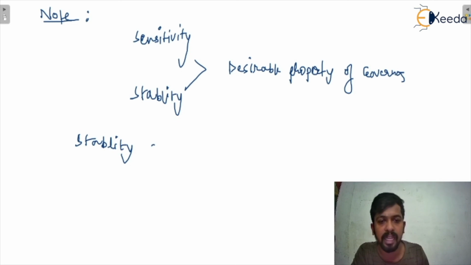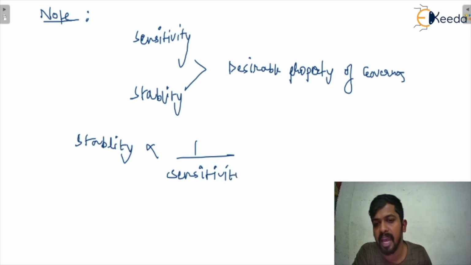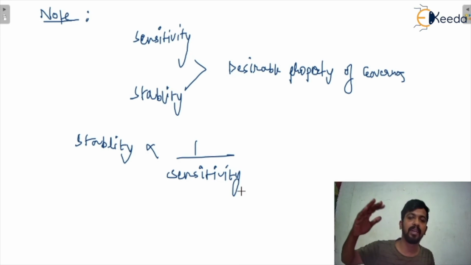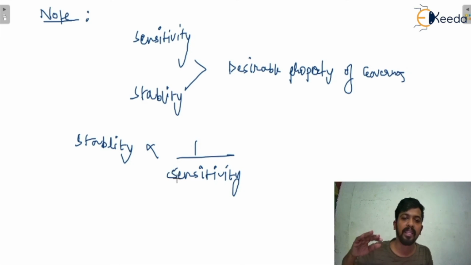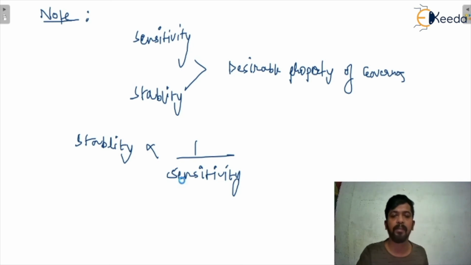I'm just showing you that stability is inversely proportional to the sensitivity. As you increase the sensitivity of the governor, there will be a decrease in the stability of the governor.